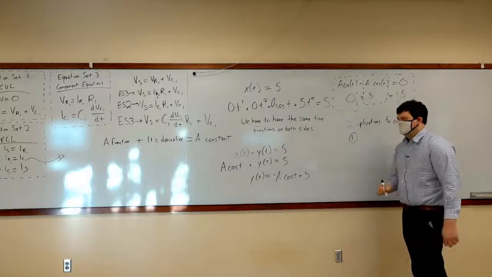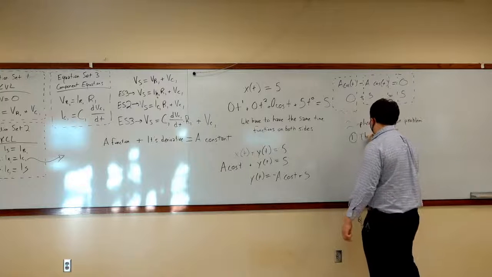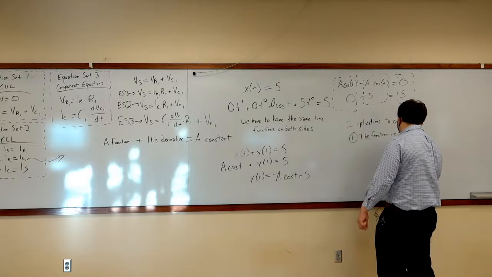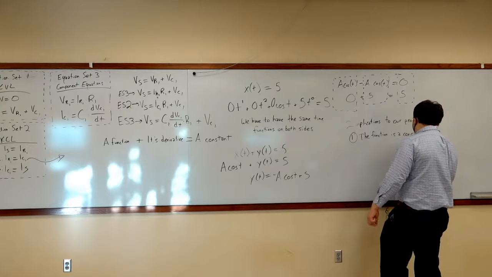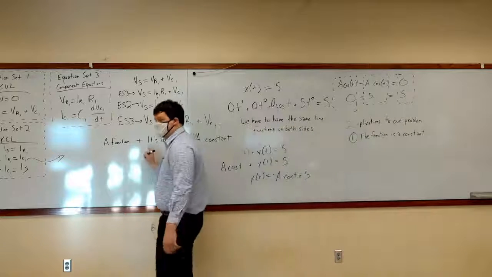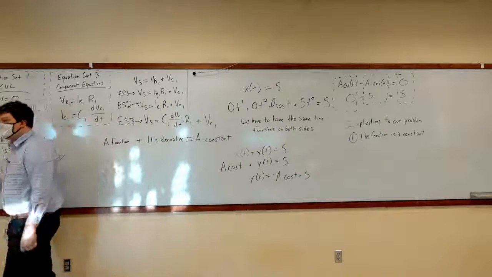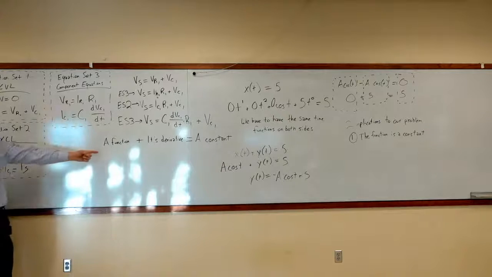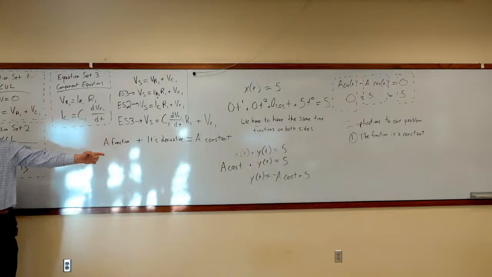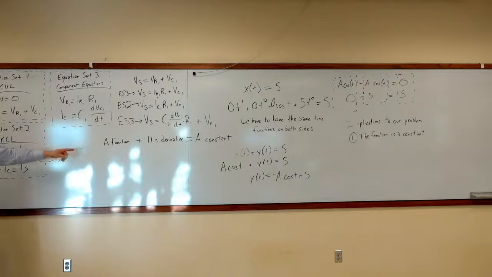Implication number one, the function is a constant. If the function is a constant, its own derivative is 0. Right? We can solve this problem if v of c is equal to 5. Or 10, sorry. Right? Done.